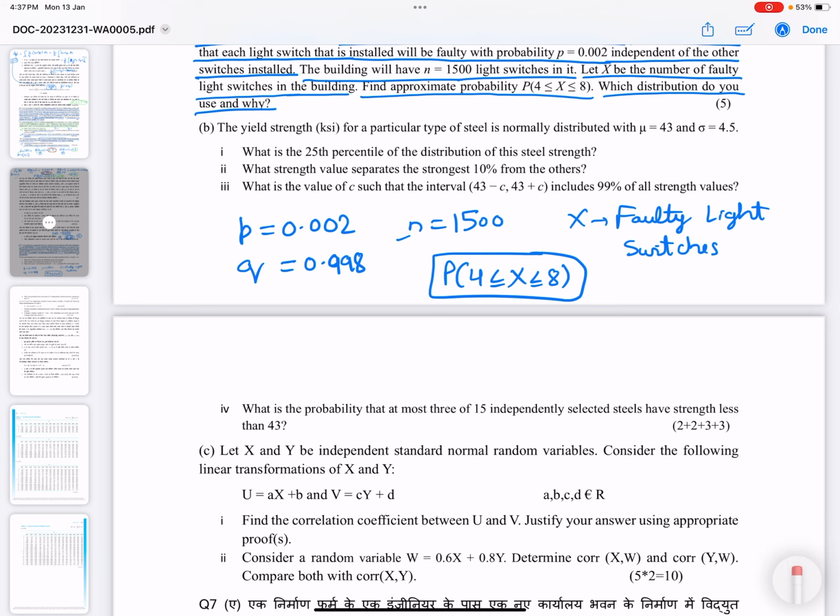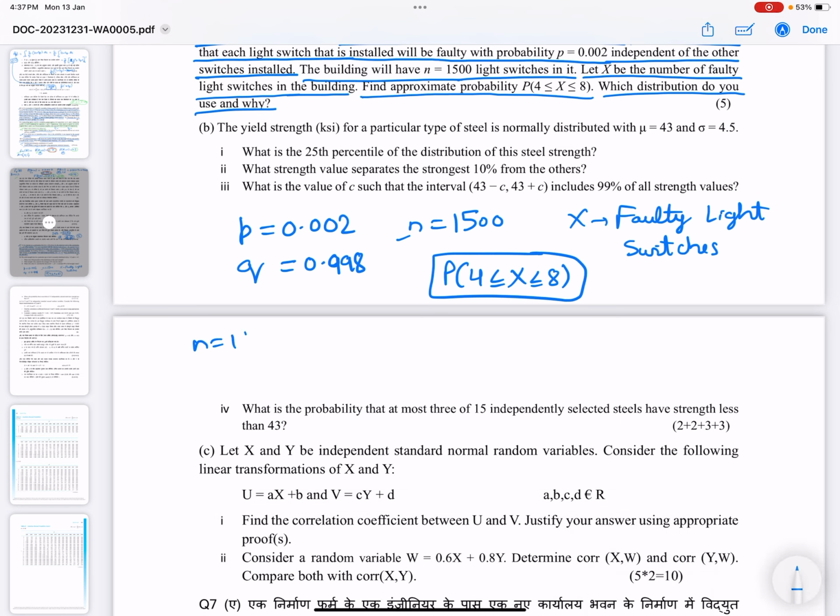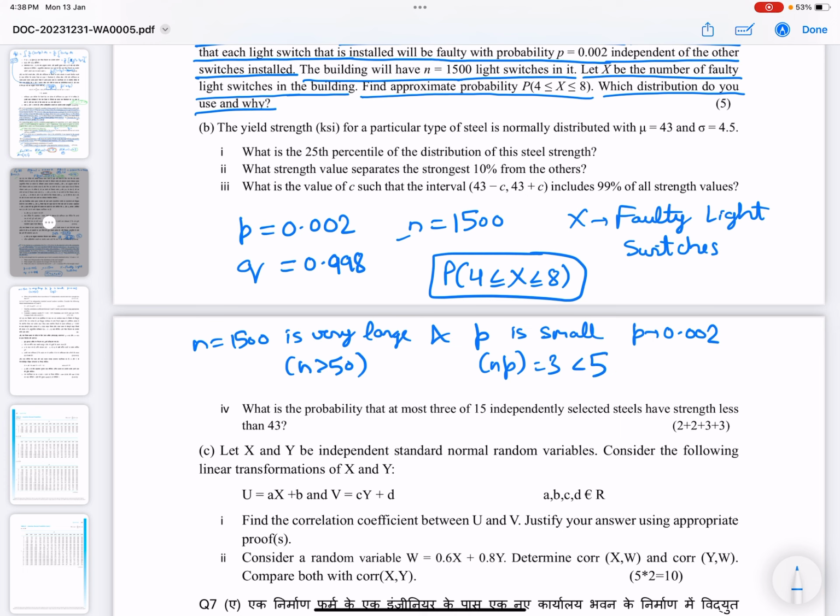Since we know that n is 1500, which is very large, that is n is greater than 50, and p is small, the value of p is 0.002. So n into p, 1500 into 0.002, is coming out to be 3, which is less than 5.